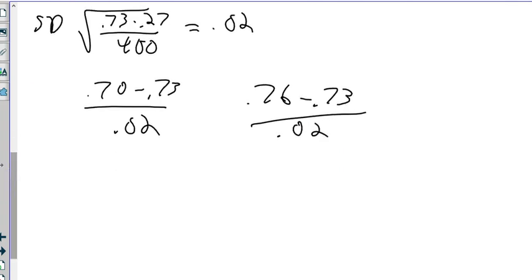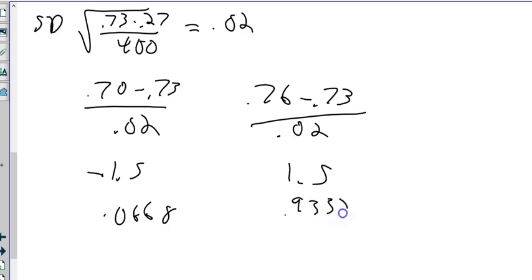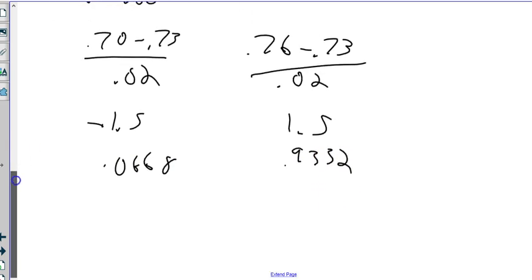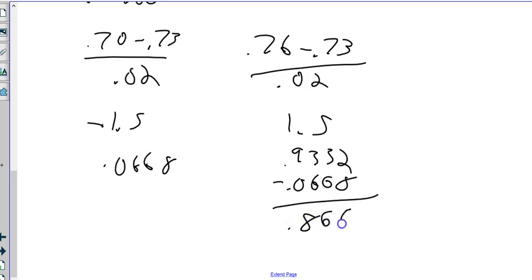So the area in between is going to be between negative 1.5 and 1.5. That gives us 0.0668 and 0.9332. And when we subtract those, we get 0.8664, or about 87%.